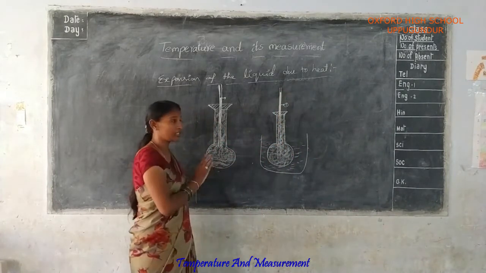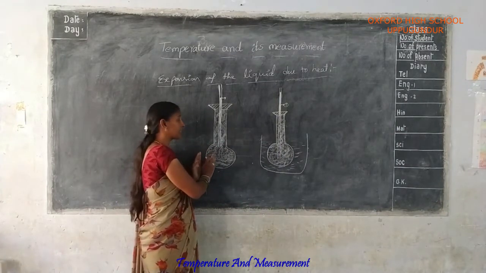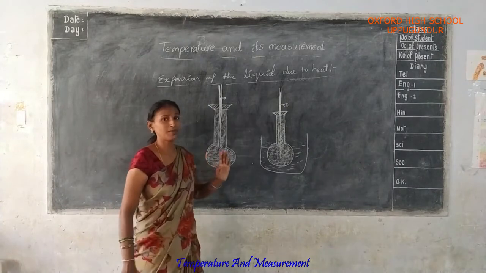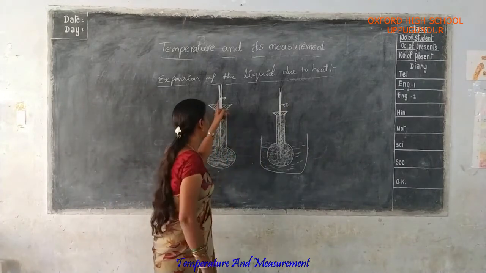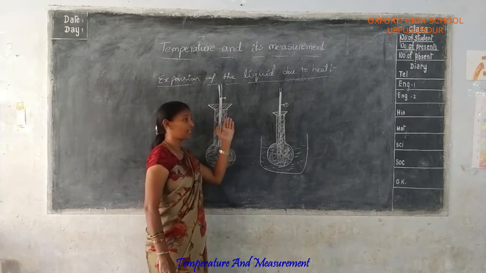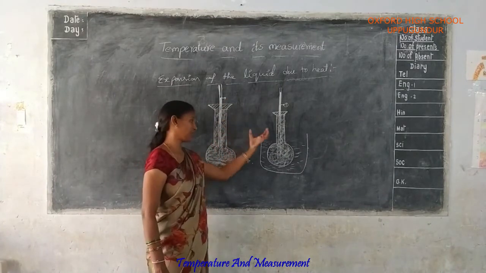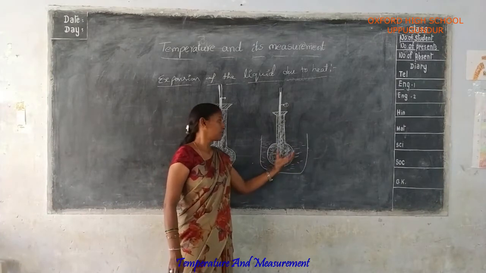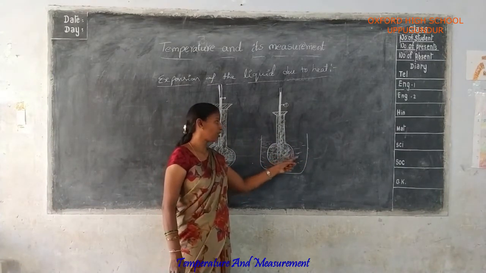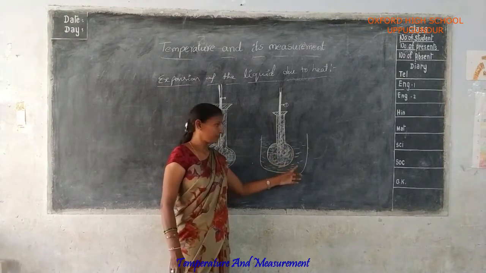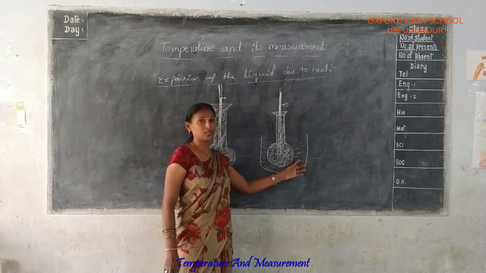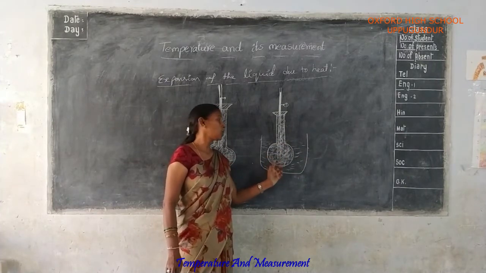First, you take the flask, fill it with colored water, and attach one capillary tube, and identify the starting level of the colored water. Next point, this flask is kept in warm water. So automatically heat is absorbed by the colored water, because heat is transferred from one system to another, from hot to cold.